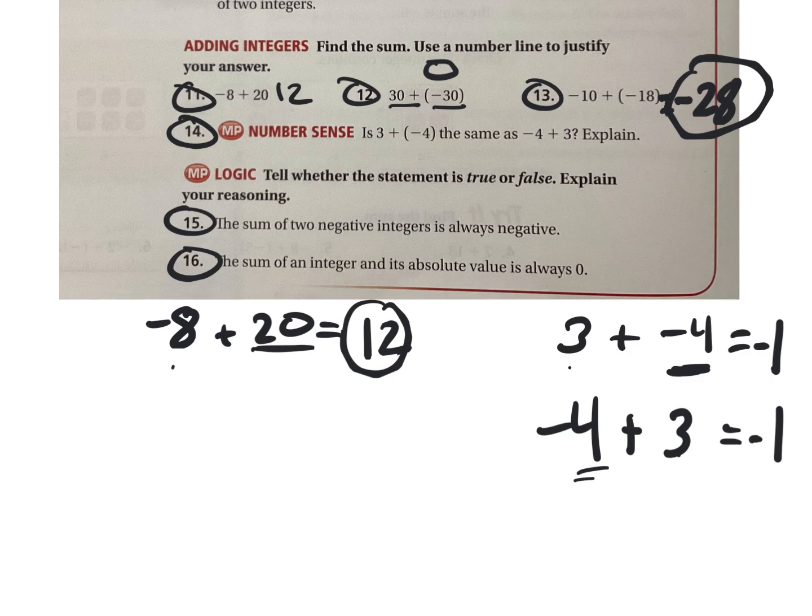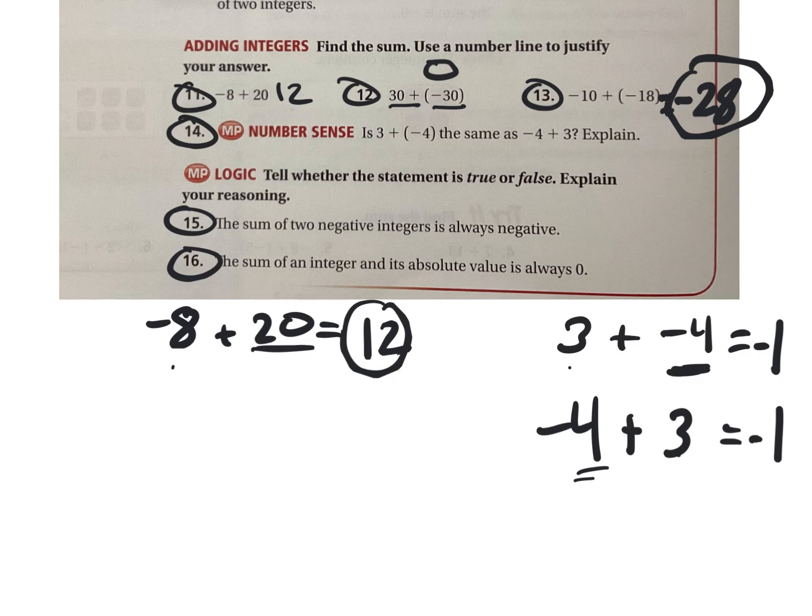We will get into later some different properties. The commutative property of addition will tell us that no matter what you add first or second, however you add the two, as long as you're adding them, they will always be the same. Okay, and we'll talk more about that later.